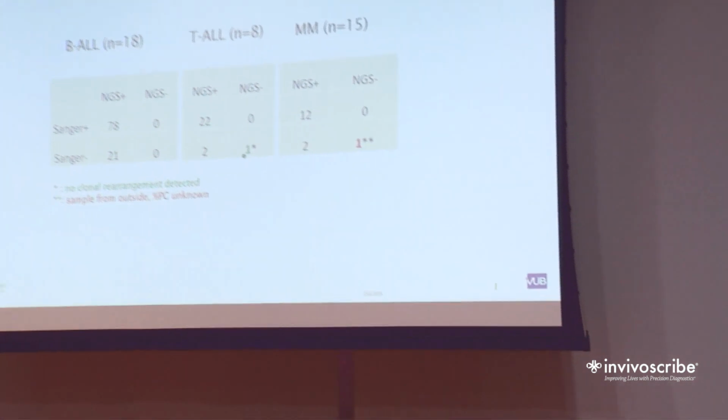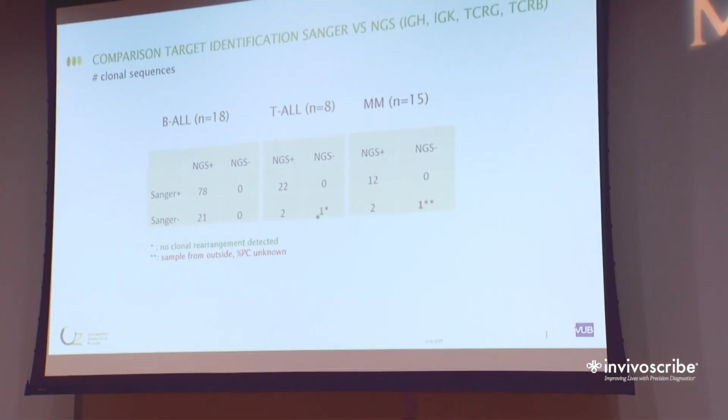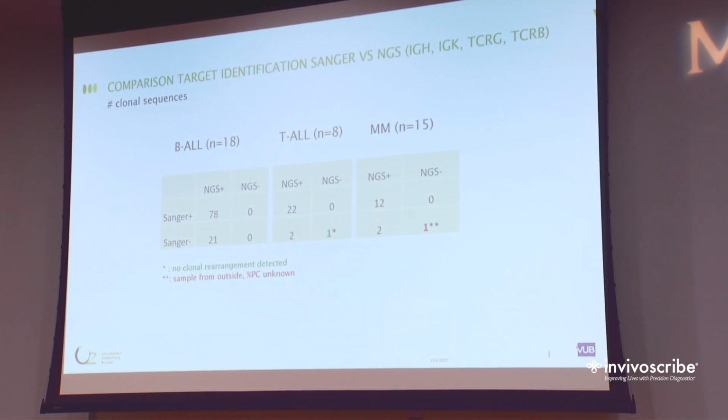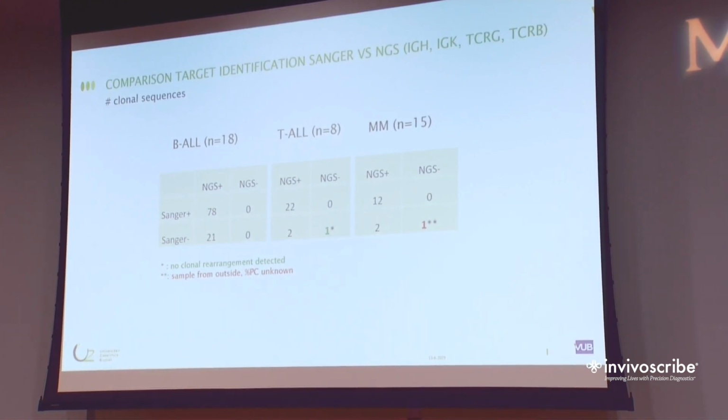For the T-LLs, we could identify 2 more by NGS, and we had 1 T-LL which had no clonal marker at all, but that can happen in the very early T-LLs that you don't have a rearrangement. And for myelomas, we were able to sequence 2 additional sequences by NGS, also because of the higher background, Sanger failure in fact.